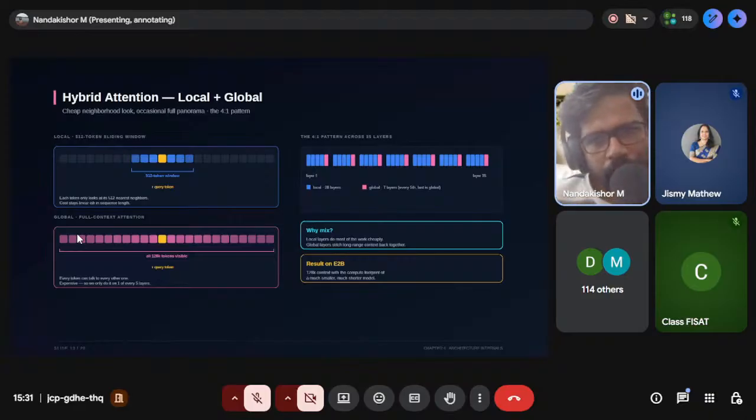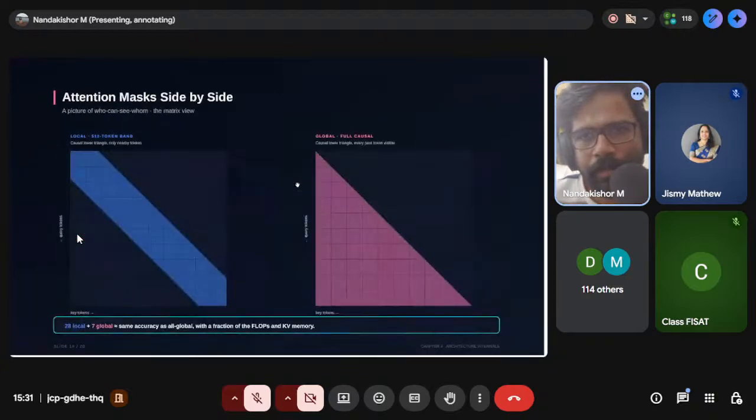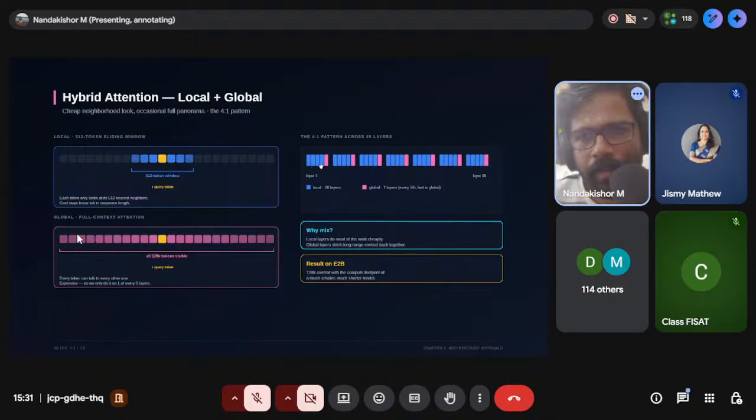So what it does is, for every fifth layer, you apply global attention, for a total of 35 layers. In the fifth position you give a global attention layer. Then again 1, 2, 3, 4 local attention, fifth a global attention, and so on.